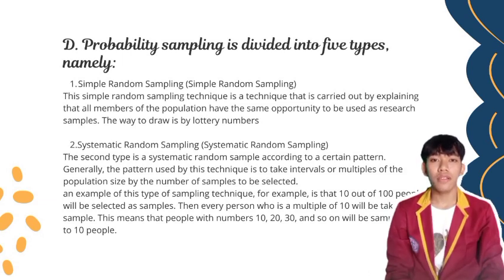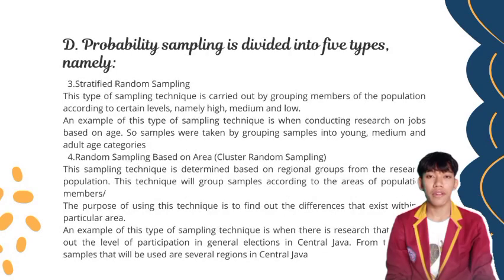An example of this sampling technique: if 10 out of 100 people will be selected as samples, then every person whose number is a multiple of 10 will be taken as a sample. This means the people with number 10, 20, 30, and so on will be sampled, up to 10 people. And 3.